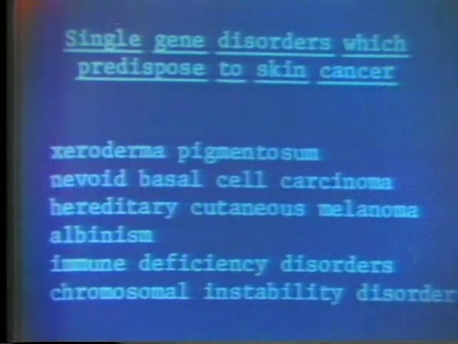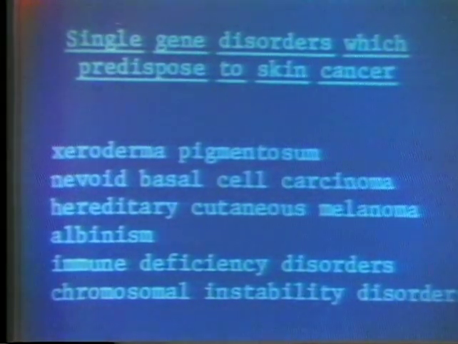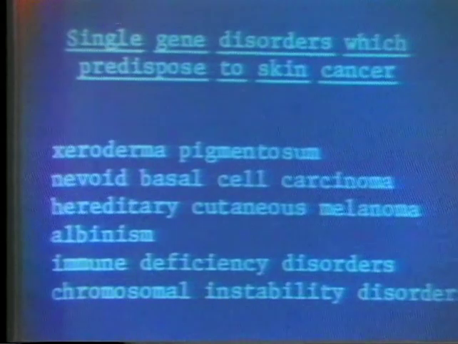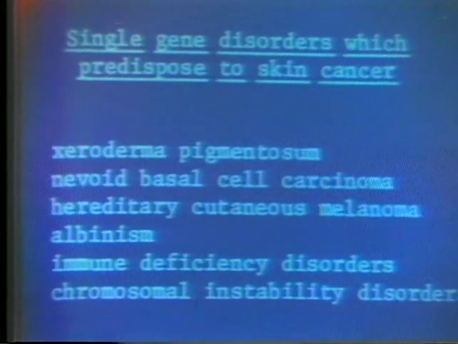But the protective mechanism of the increased pigment of the skin apparently protects the black individual so that he very rarely develops the actual skin cancers. He has all the other systemic manifestations, skeletal anomalies and so forth, but he very, very rarely develops the skin cancers.